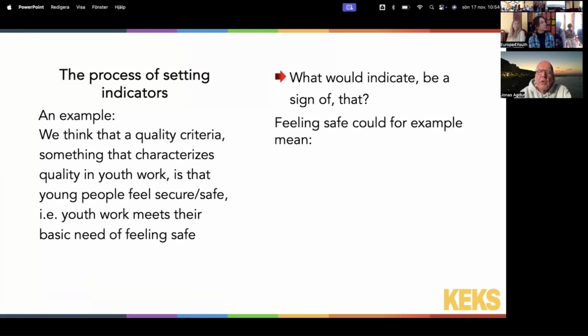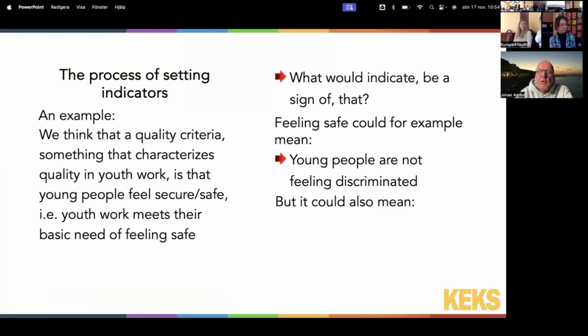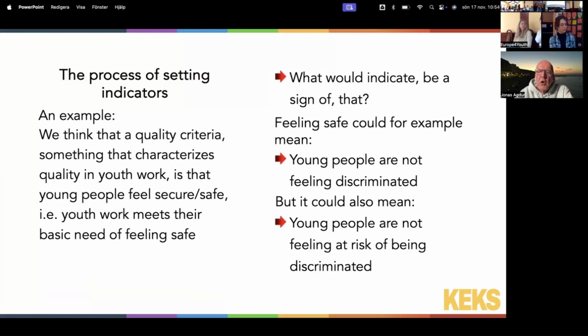Feeling safe could, for example, mean young people are not feeling discriminated against due to sex, religion, ethnic background, etc., etc. But it could also mean young people are not feeling at risk of being discriminated, which takes a step deeper, if you see what I mean.